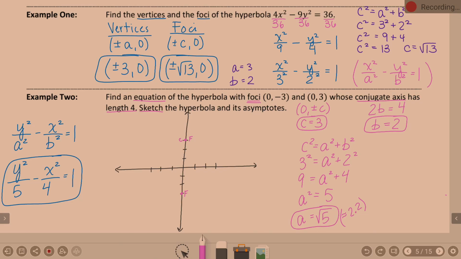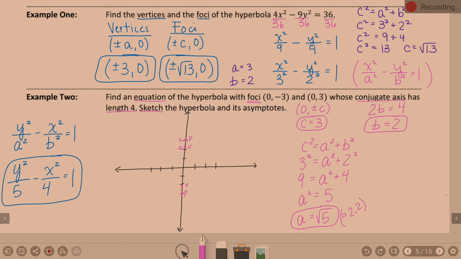Okay, so I'm going to put a little point there at (0, 2.2) and (0, -2.2). Those are my vertices. Those are what my hyperbolas are going to go through. They are also, for the record, my A values.